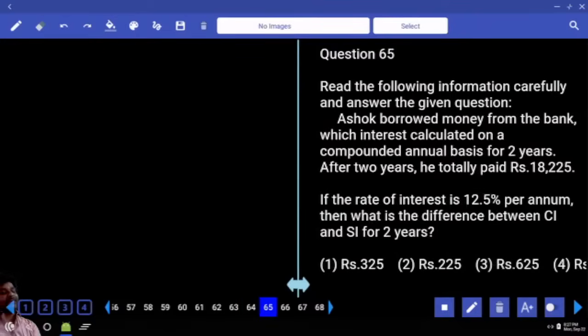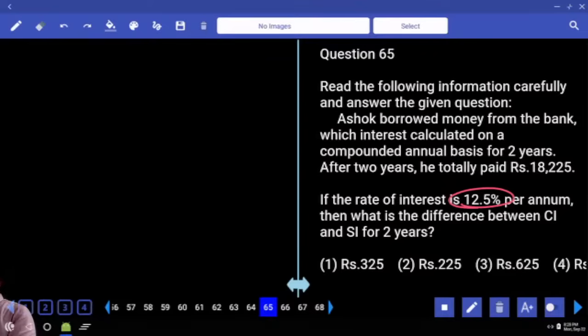If the rate of interest is 12.5% per annum, when you see 12.5%, what comes to your mind? 1 by 8. Then what is the difference between compound interest and simple interest for 2 years? If it is given for only 1 year, instead of 100%, generally we start the principal as 100%. But the rate of interest is 12.5%, which is 1/8, so instead of 100, I'll start with 800, because I need a multiple of 8. Understood?